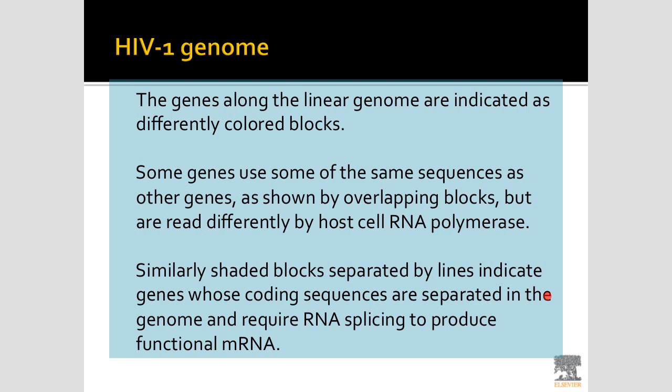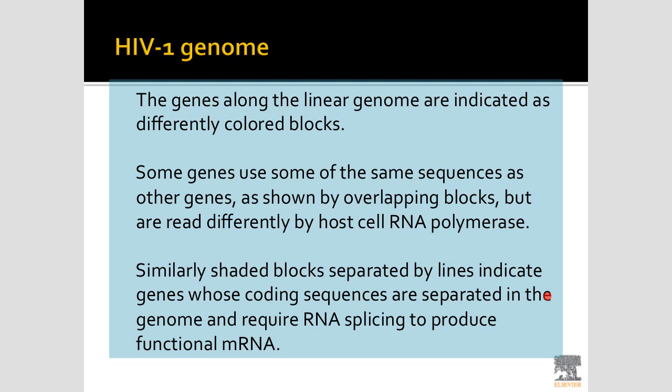If you look at their amino acid sequence, you will see it is the same. But the host cell RNA polymerase may read it differently because of this overlapping. It is like A, B, C, D, E, F. Maybe it's going to pick up ABC, then pick D, E, F. So the reading will be different in terms of the enzyme sequence.